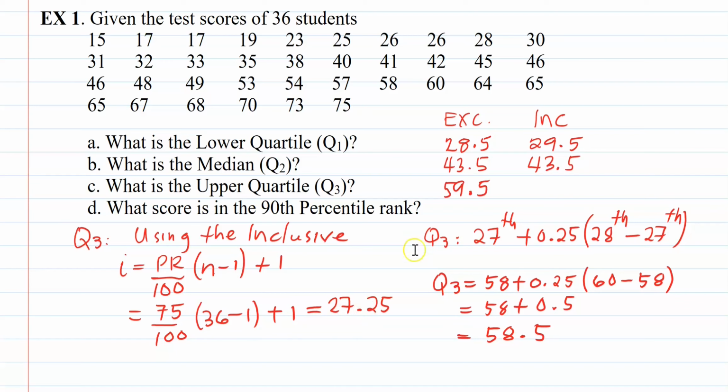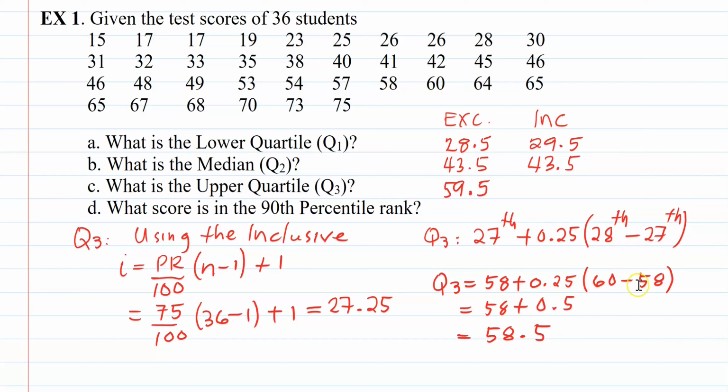So that means that our Q3, or the upper quartile, will be located on the 27th position plus 0.25 of the difference between the 28th position minus the score on the 27th position. And the score on the 27th position is 58 plus 0.25 of the difference between 60 and 58.